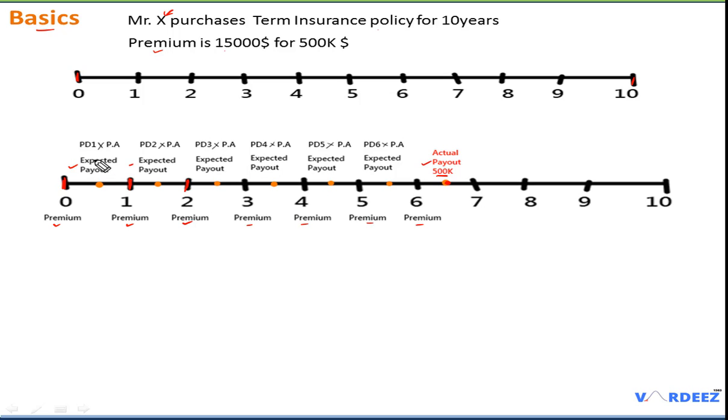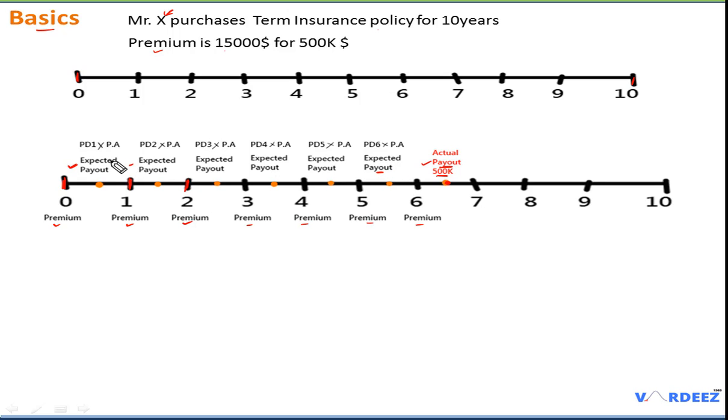Okay, now the question is, how do we calculate this expected payout? Consider this situation: only if the person dies will the actual payout trigger, right? So I can say that the expected payout is dependent upon the probability of a person dying.